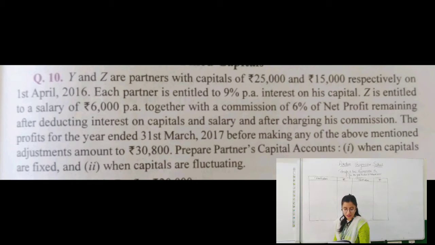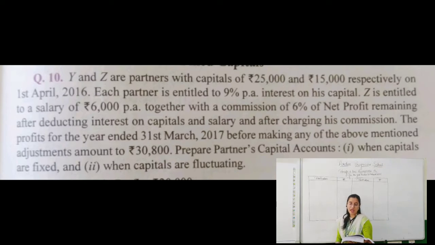The profit for the year ended 31st March 2017, before making any of the above mentioned adjustments, amounted to 30,800. Prepare the partners' capital accounts when capitals are fixed and when capitals are fluctuating.